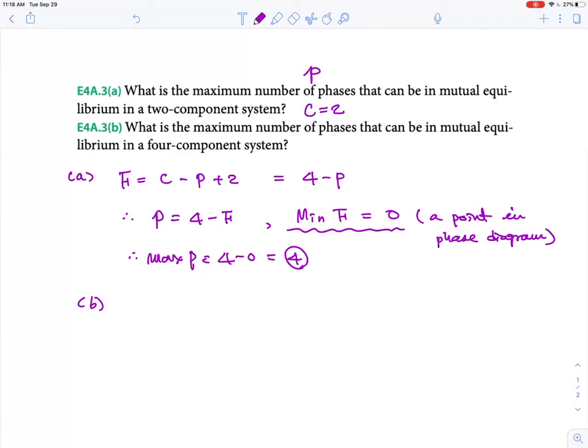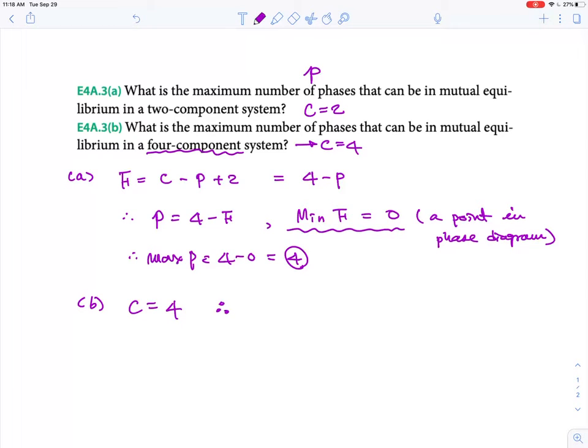So number 2, same thing. Now the number of phases for a four-component system. It's the same problem, but now the number of components is 4. It's a lot of components in the mixture. So C is 4.